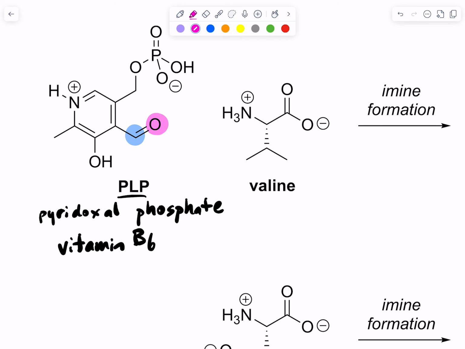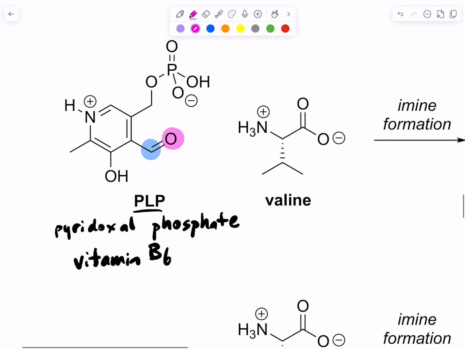Another thing to pay attention to later is this ring. It's not a benzene ring because there's a nitrogen in it. It's called a pyridinium ring because it's positively charged. The nitrogen's protonated, has a positive formal charge. You've seen something like that before in NAD+.